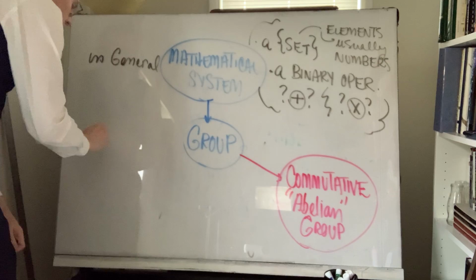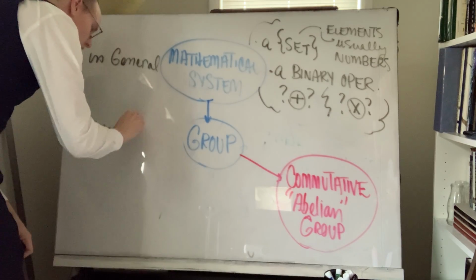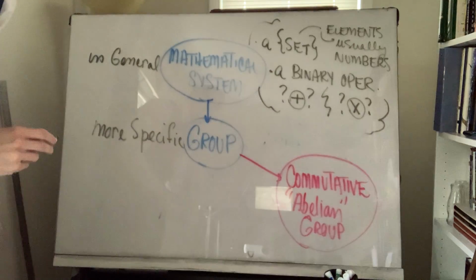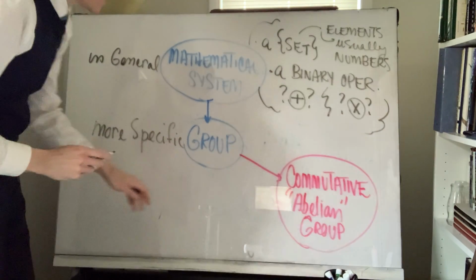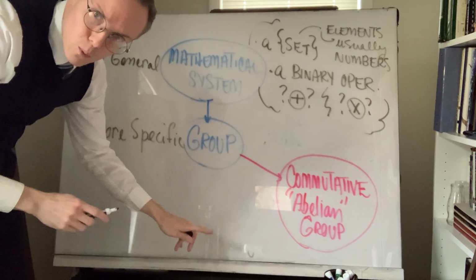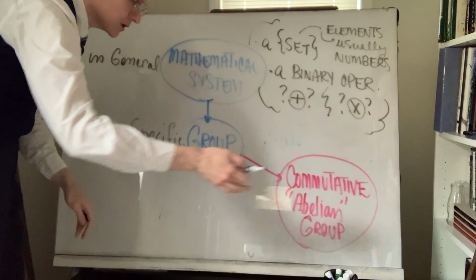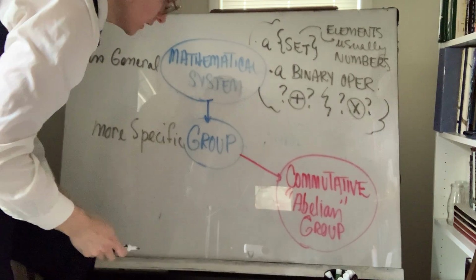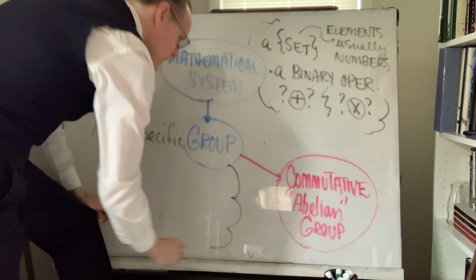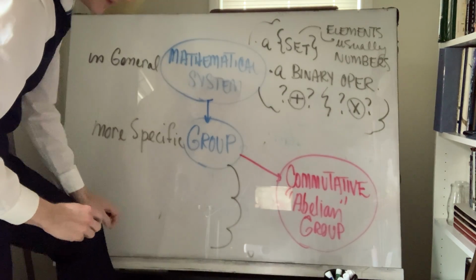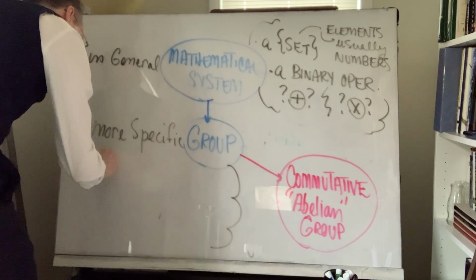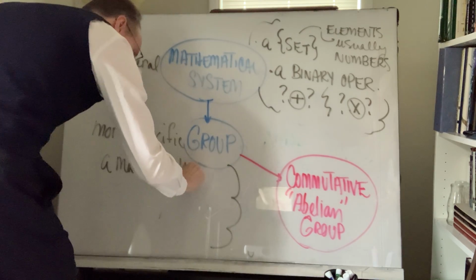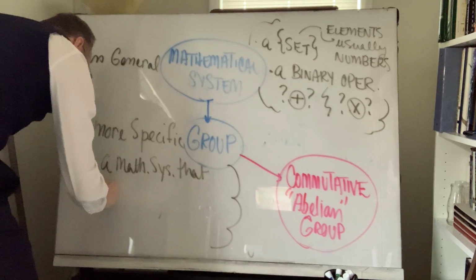If you are a little bit more specific, all right, then you might have a group. Now, there's not a lot of space here, and I'm going to give you a worksheet in addition to whatever the explanation is that is on the handouts. But just to give you a heads up, this is a mathematical system that meets 4 criteria.